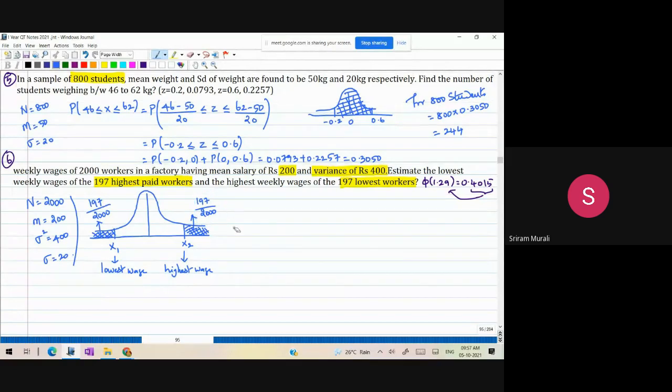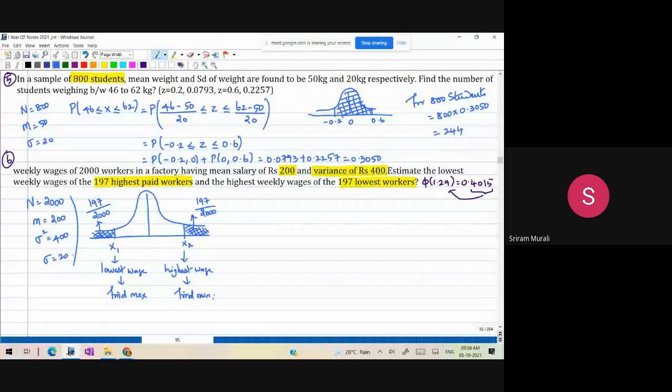In the lowest paid workers, how many are getting highest salary? 197. Is that clear? Yes, sir. So here you have to find the maximum. Here you have to find the minimum.